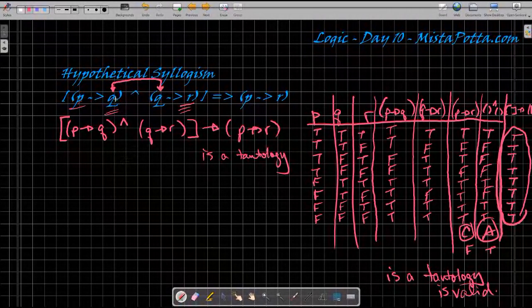And because these letters match, these letters don't show up in our conclusion. What shows up in our conclusion is our first antecedent and our second consequent.